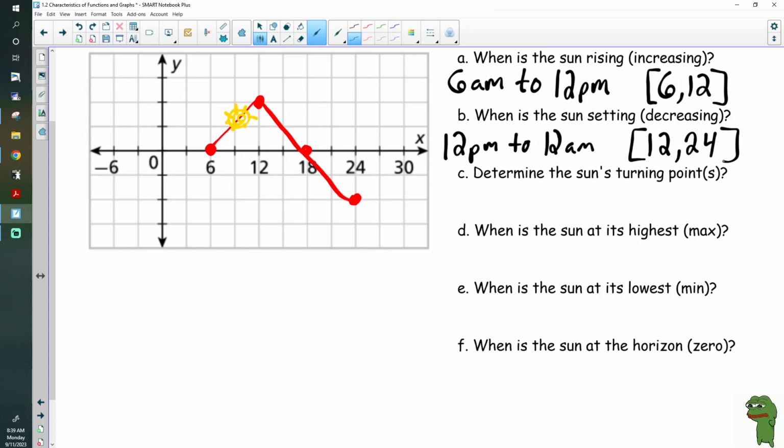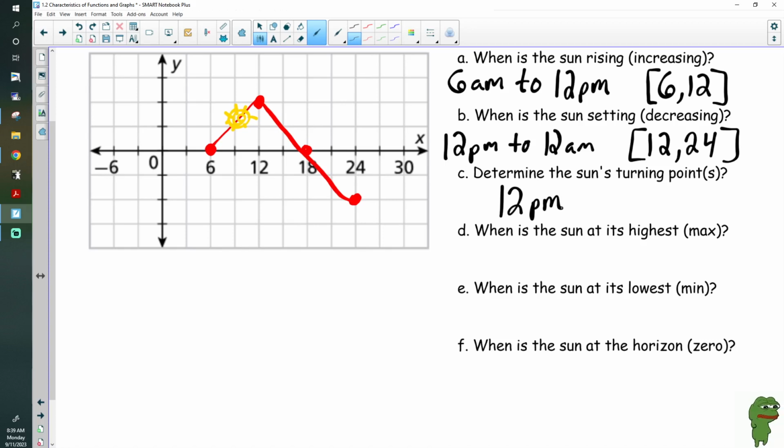When does the sun have a turning point? At 12 a.m. or p.m.? Isn't this p.m.? 12 p.m. At 12 p.m., we have a turning point because we were increasing and then we turned to going decreasing.